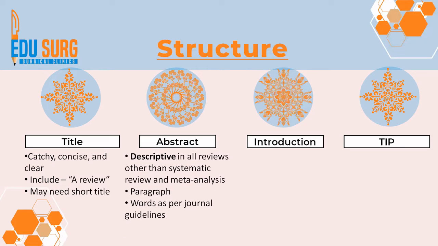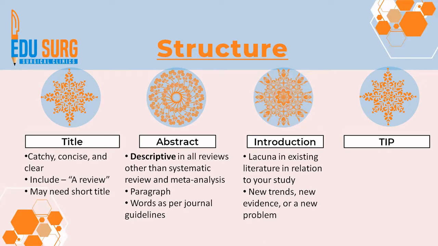When we talk of the abstract in a review article, the abstract will not have parts in a narrative review, whereas the abstract will have parts like introduction, methods, discussion, and conclusion in a systematic review and meta analysis. For narrative and historical reviews, your abstract will just be a paragraph and the word limit will be as per journal guidelines.